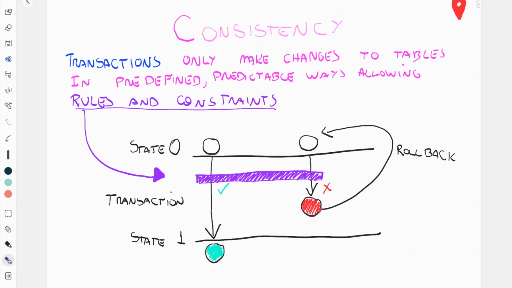You have consistency. Consistency is basically that transactions only make changes to tables in predefined, predictable ways, allowing rules and constraints. Let's say you want to sum two fields, and the second field is not necessarily all int information.